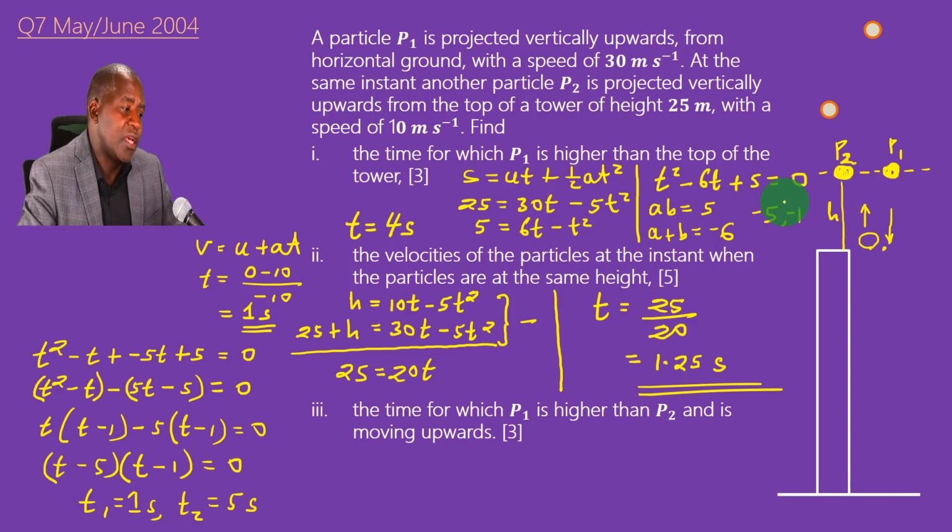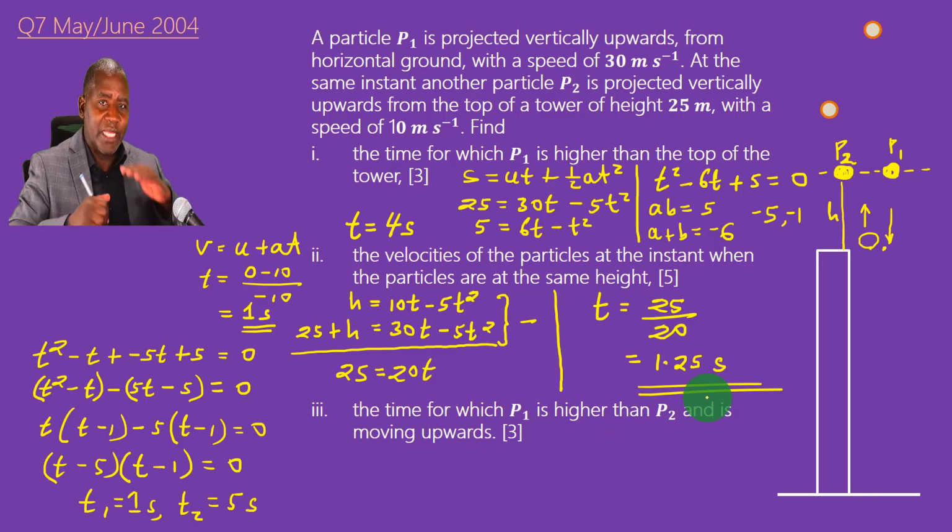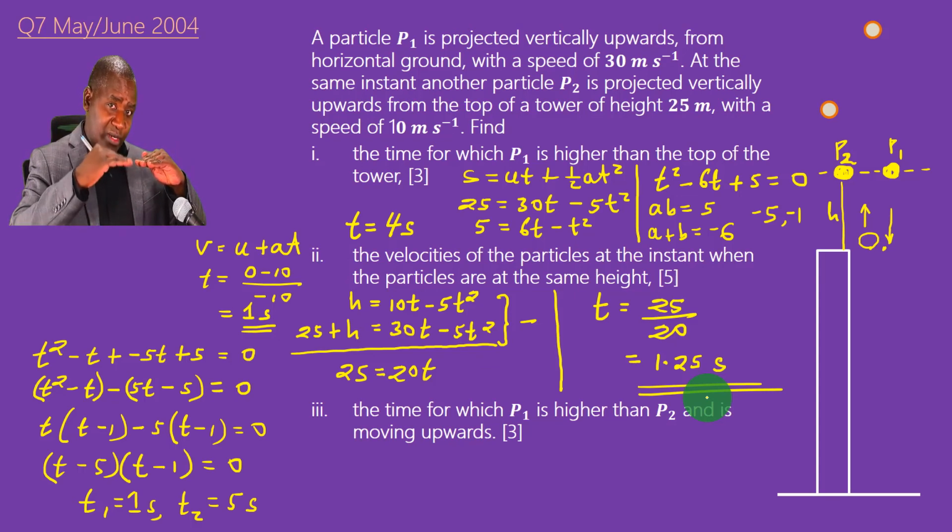That is when they meet. So what does my question talk about here? The time for which P1 is higher than P2. So at least they must meet, P2 on its way downwards and P1 on its way upwards. So the moment after that particular instant, P1 is higher than P2 and it's on its way upwards.